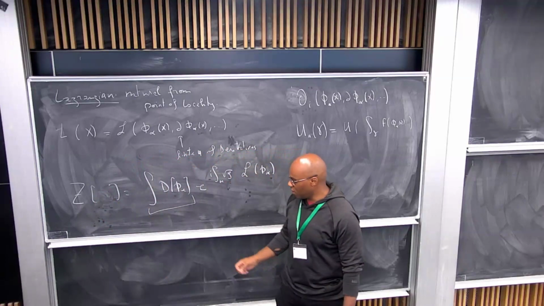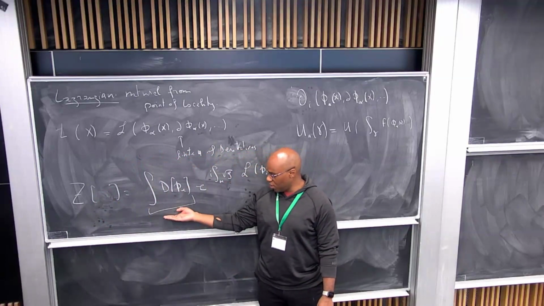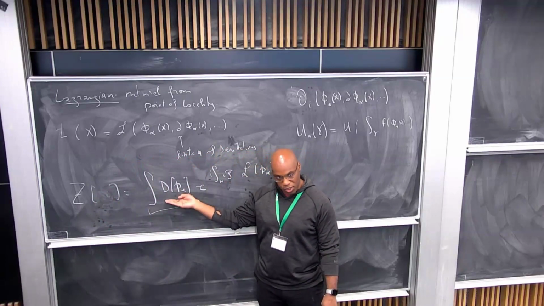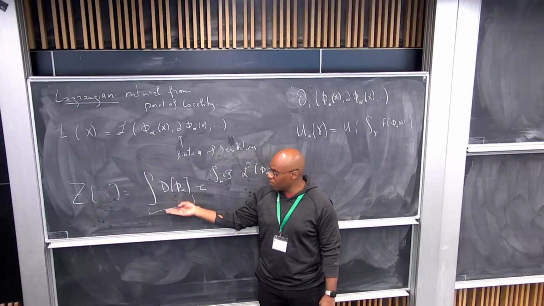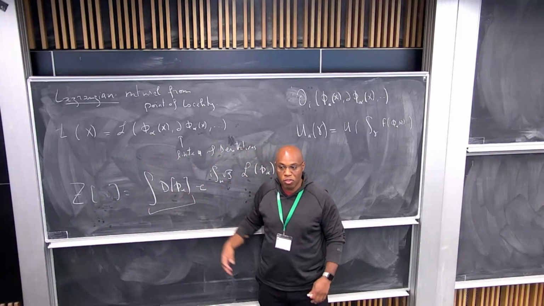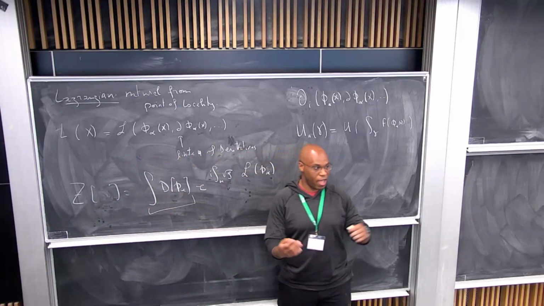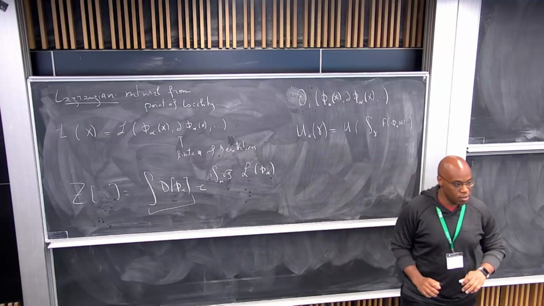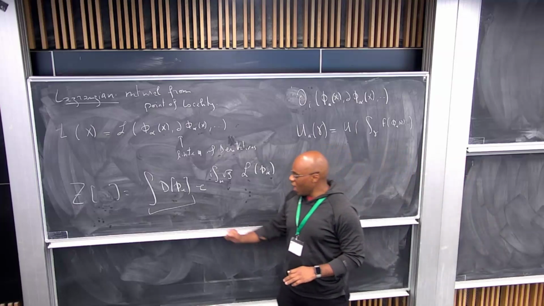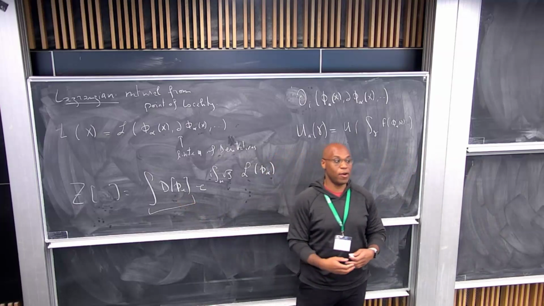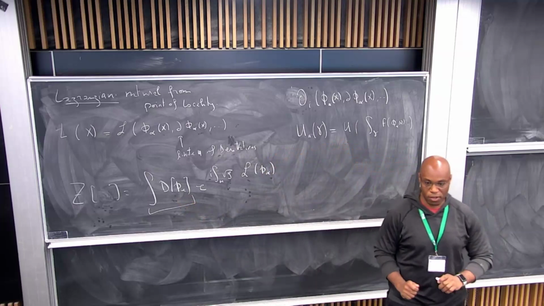Formally in physics, this measure is not defined, and what it's supposed to be is a sum over all possible field configurations that you can have. So it's a formal statement, and it's something that you can try to think about in practice.